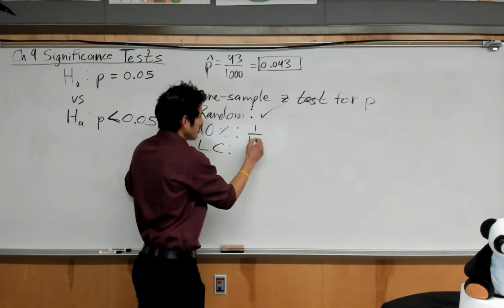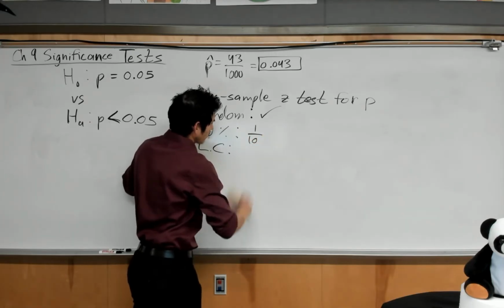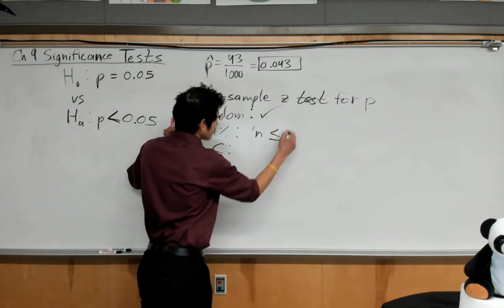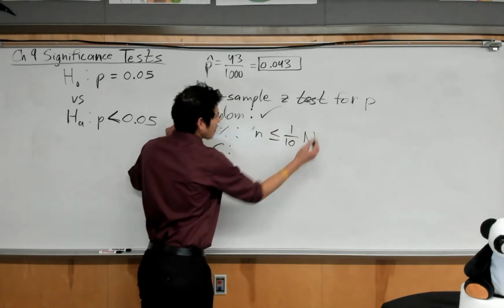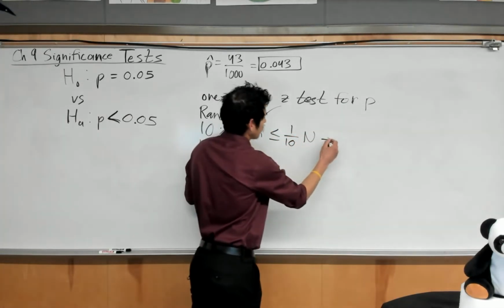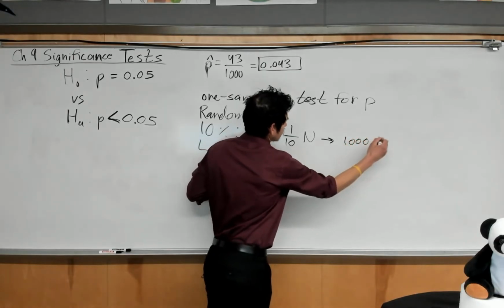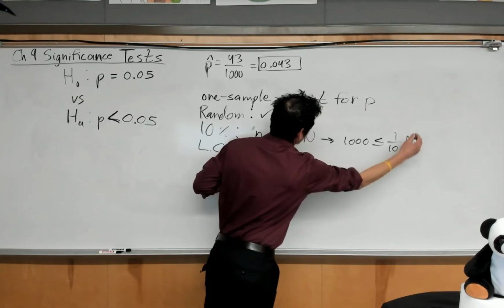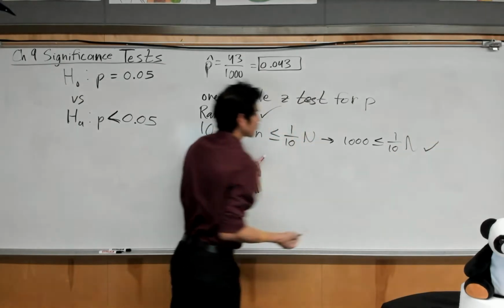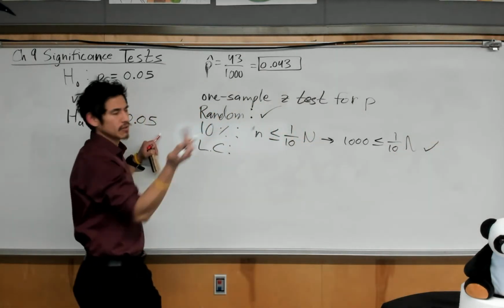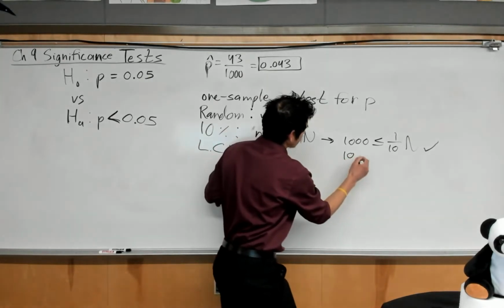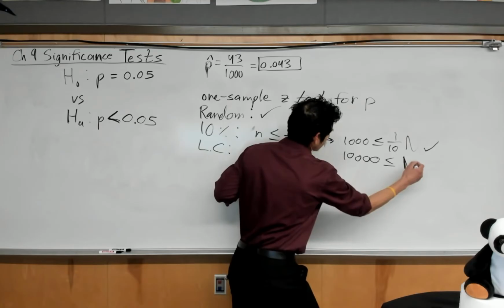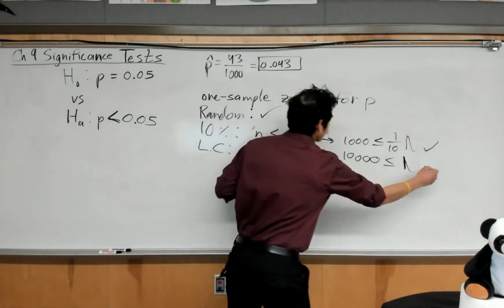Just to write it formally, our sample size, our small n, is less than or equal to 1/10 of our large N. In other words, 1,000 is definitely less than 1/10 of the population. So there are at least 10,000 people in the population.